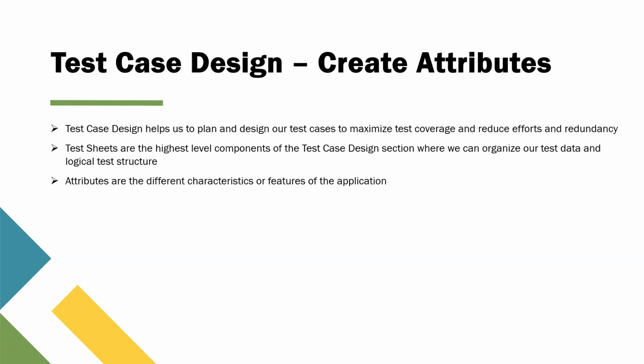The payment methods. So all of these will form the different attributes or basically your different features of the application which you want to include in your test cases, right? So you have to basically define these attributes in the test case design sheet.